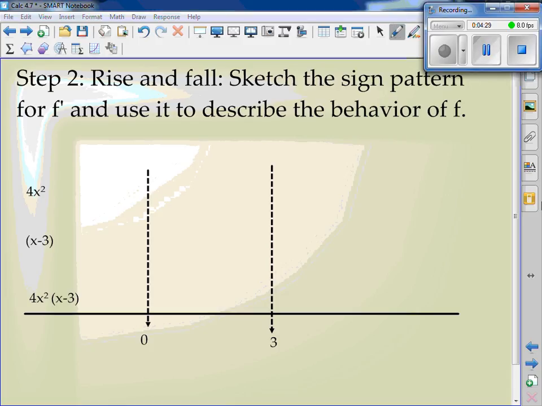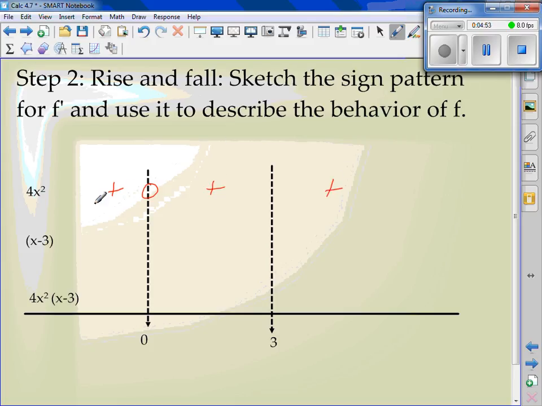For the chart, for the 4x squared, if I put in 0, I get 0. What happens if I pick a number less than 0? It's going to be positive. If I pick a number greater, it's going to be positive.